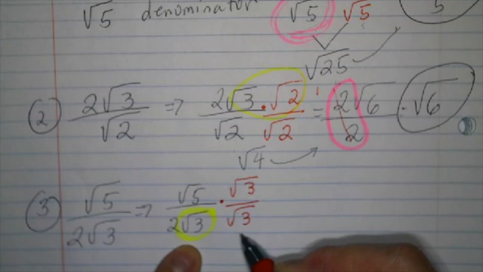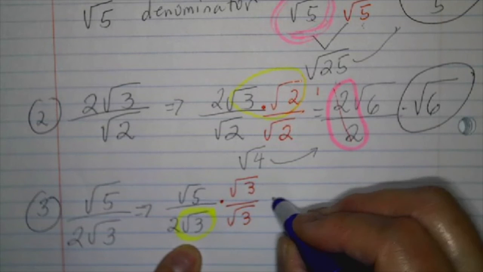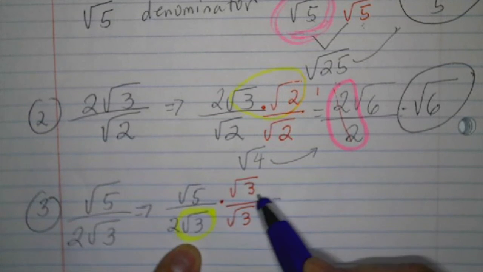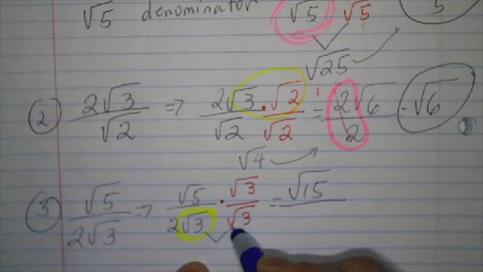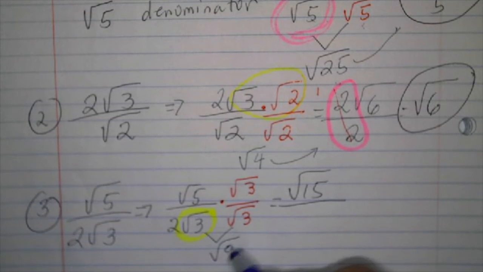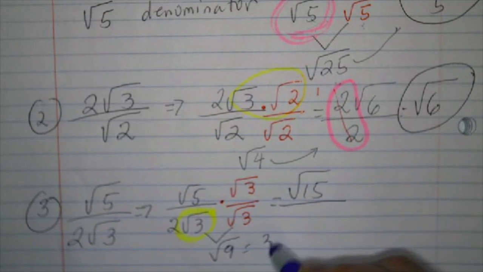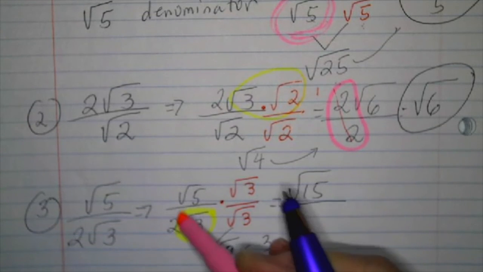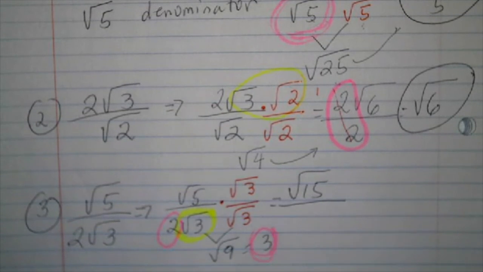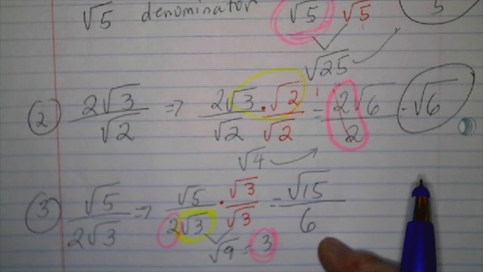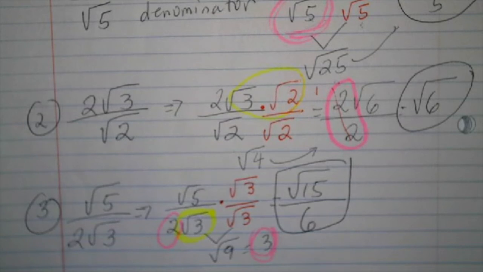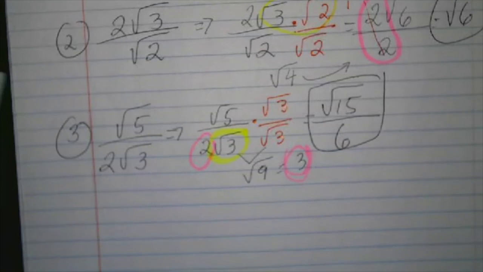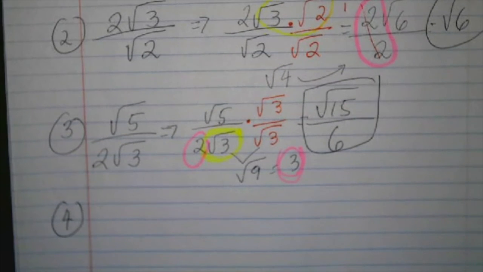So in this case, I only multiply by square root of 3 over square root of 3. Be aware, whatever is the radical on the denominator, that's only what I'm going to multiply. Now it will give me square root of 15 over, 3 times 3 will give me square root of 9, which is equal to 3. But I have a 2. Multiply it by 3. So the denominator becomes 6. No more radicals on the denominator. This is my answer.